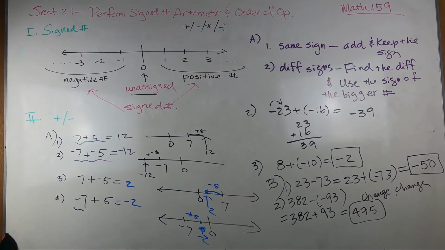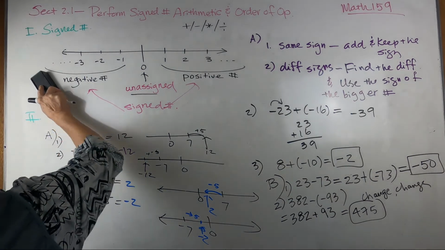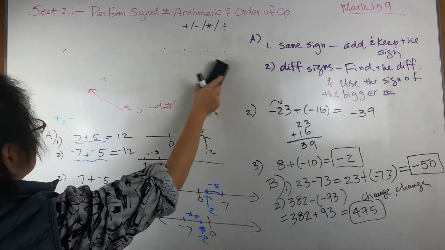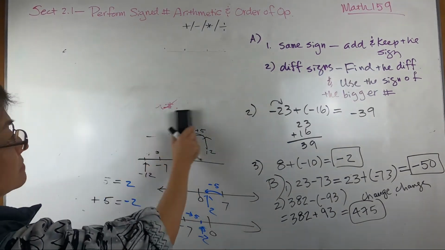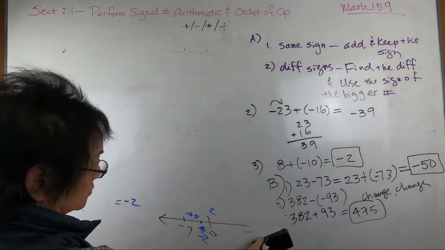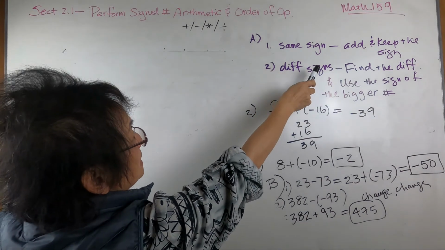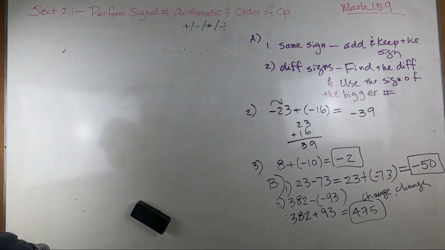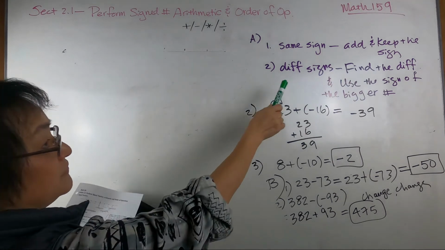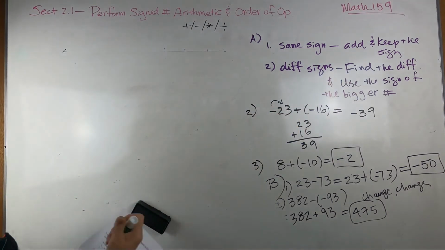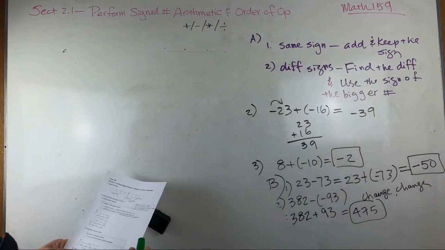It's much easier this way, so you will have less chance to make mistakes. Okay? Just remember the same sign you add and keep. Okay? Different signs, you find the difference and use the sign of the bigger number.